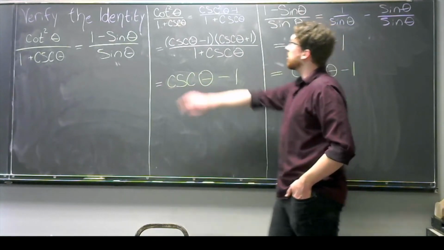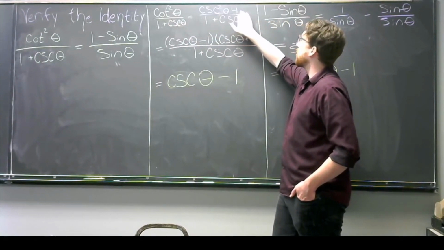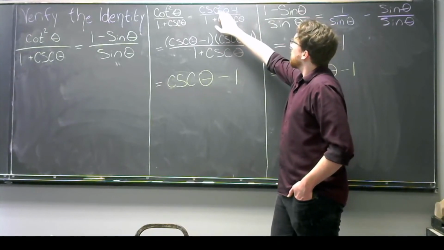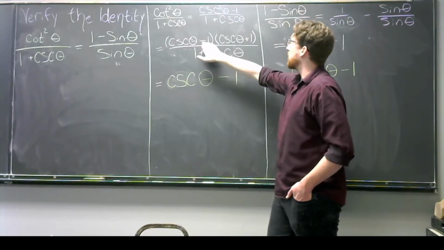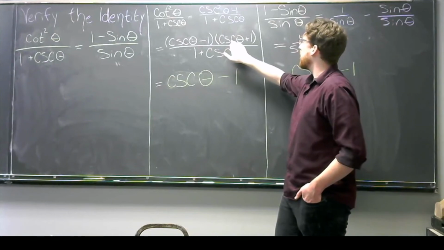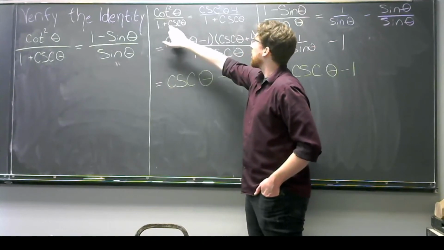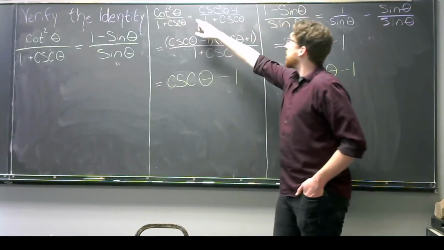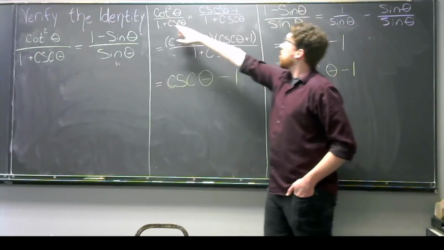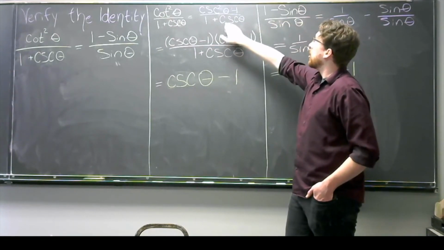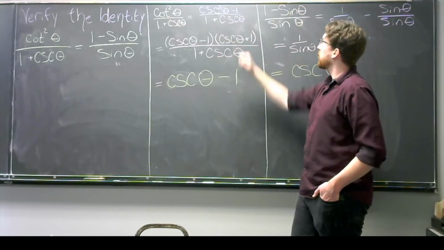Well, cotangent squared is equal to cosecant squared minus 1. And we can factor this apart into cosecant theta minus 1 times cosecant theta plus 1. So we started off with cotangent squared theta over 1 plus cosecant theta. Because cotangent squared is equal to cosecant squared minus 1, this first fraction is equal to cosecant squared theta minus 1 over 1 plus cosecant theta.